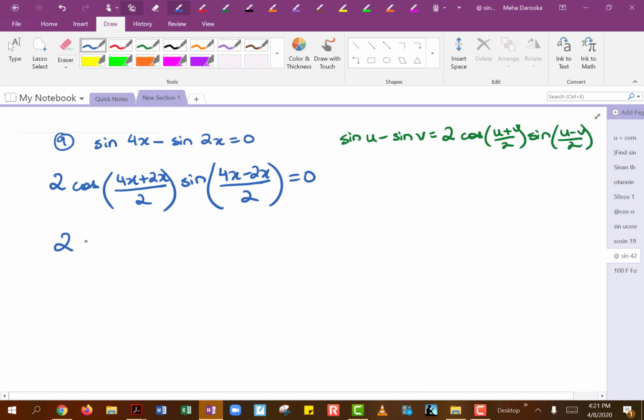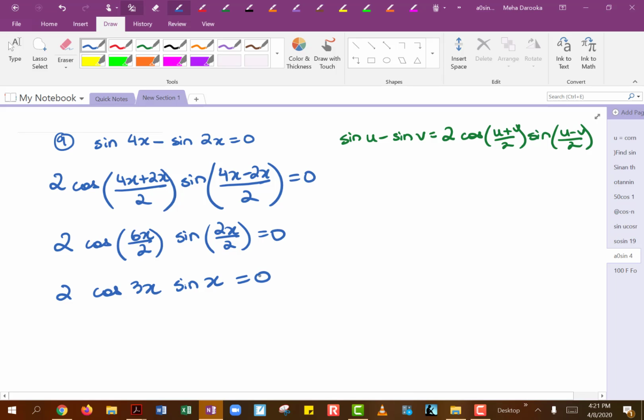So we will end up getting 2 times cosine of 6x over 2, sine of 2x over 2, which gives you 2 times cosine of 3x times sine of x, because the 2 and 2 will cancel out, and the 2 will go into 6 three times. So you can go ahead and simplify those.